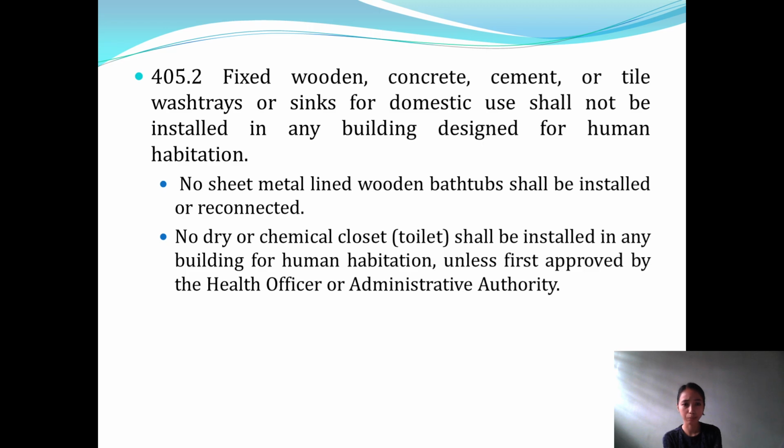Next, no sheet metal lined wooden bathtub shall be installed or connected. No dry or chemical closet toilet shall be installed in any building for human habitation unless first approved by the health officer or administrative authority.